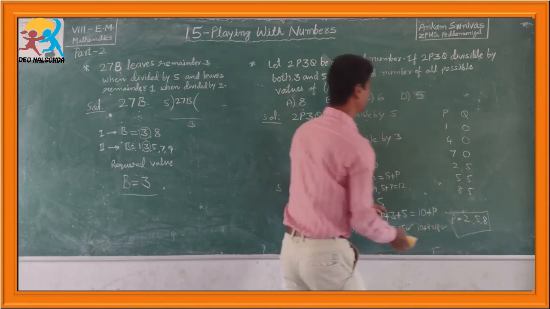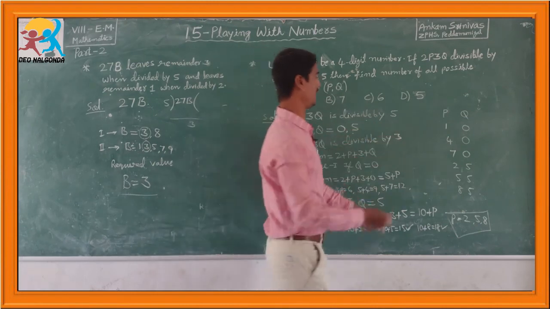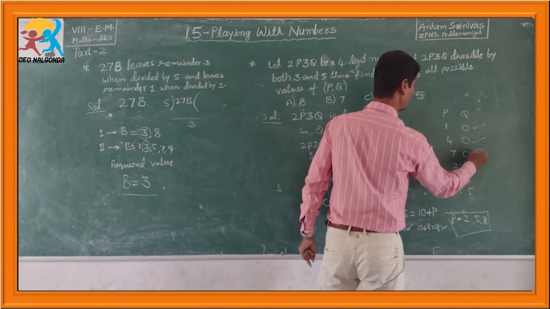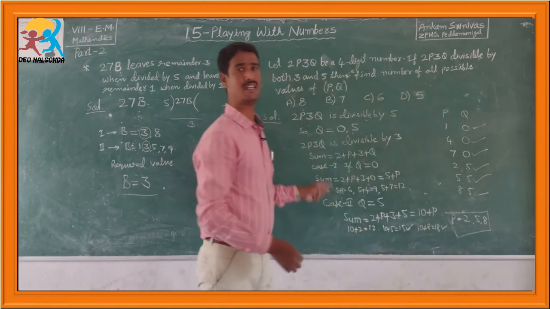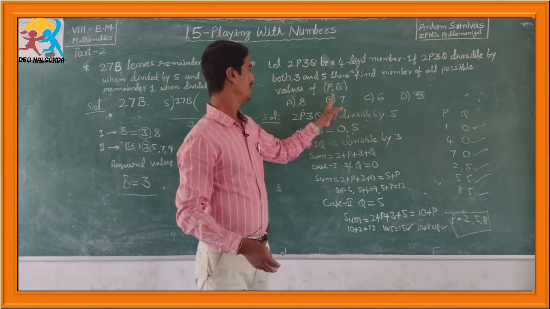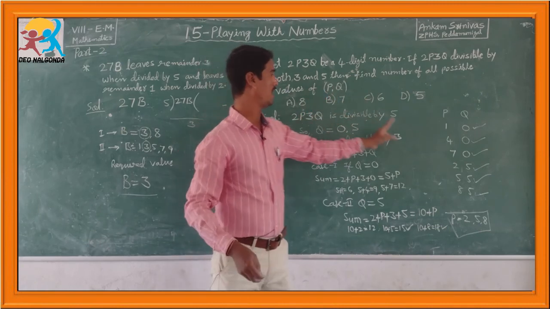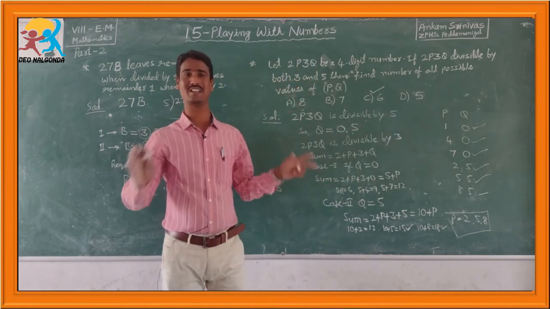So to satisfy the given conditions, the pairs p comma q are 1, 2, 3, 4, 5, 6. So as per the given conditions, the number of values of p comma q is 6. So the answer is C.